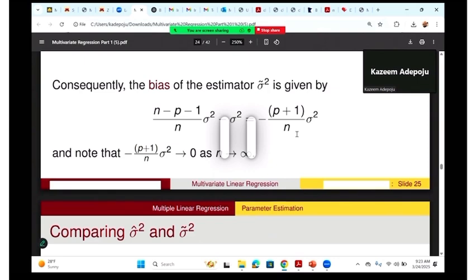It means that when sample size is large, the variance of an estimator converges to 0. We call that the consistency property in statistics, and it occurs asymptotically, meaning when sample size is large.